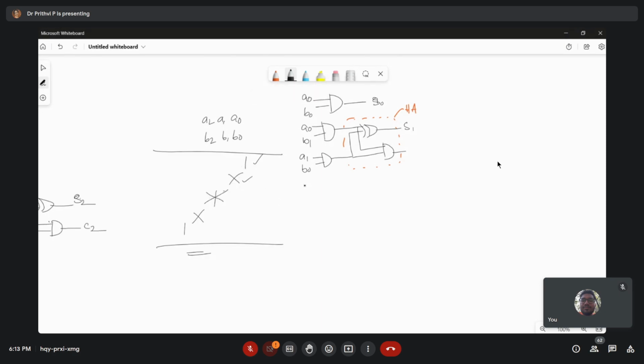Next one is third term is A naught B2. This one. A naught B2 is one and A2 B naught second term, and third one is A1 B1. Okay. So these three will be going to three input XOR operation you can use.